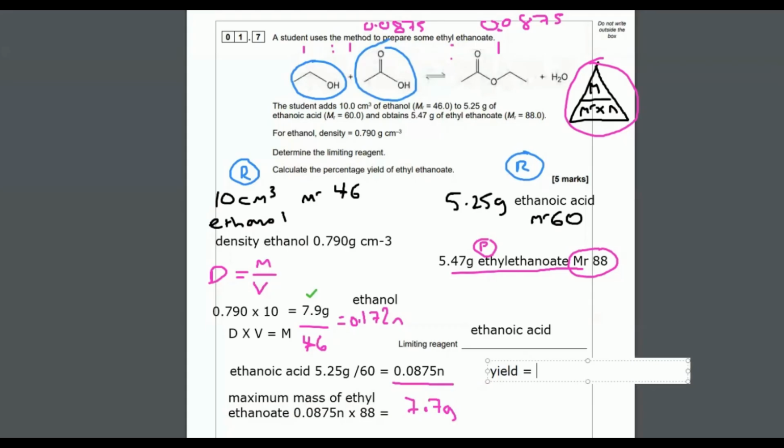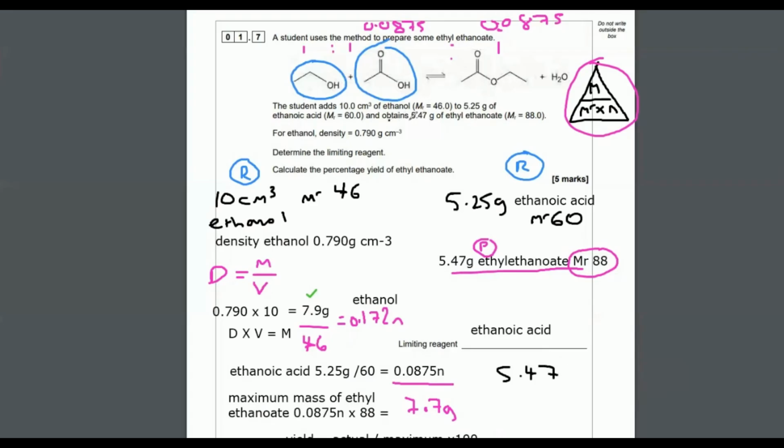Yield equals actual divided by maximum times 100. So let's do that. The actual mass we made was 5.47. That's our actual mass of ethyl ethanoate produced.